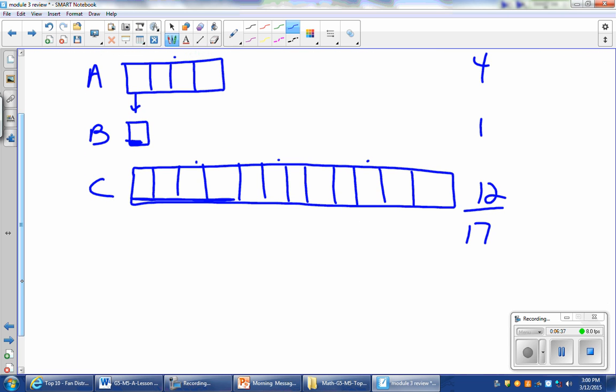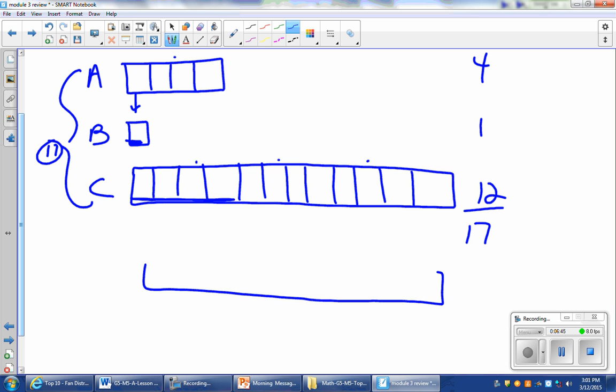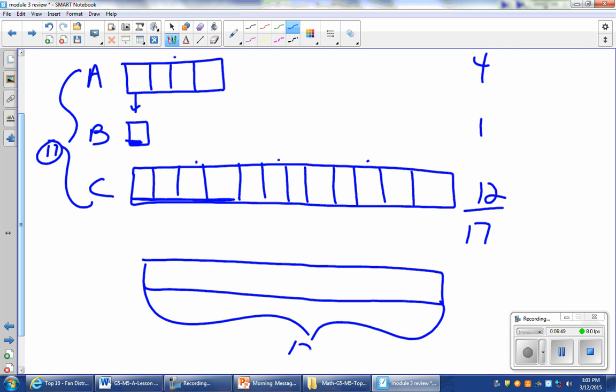Then what I do is, if all together there are 17 units, but 12 miles divided by 17 units. 1, 2, 3, 4, 5, 6, 7, 8, 9, 10, 11, 12, 13, 14, 15, 16. Not very well done.